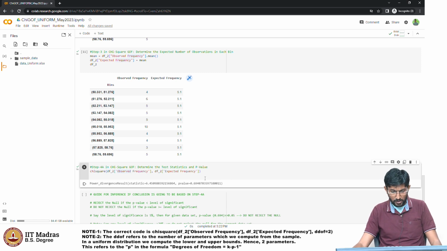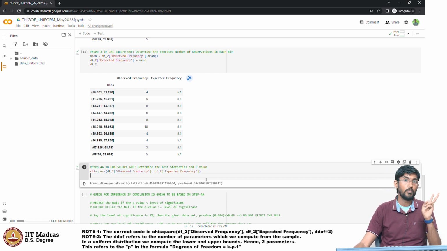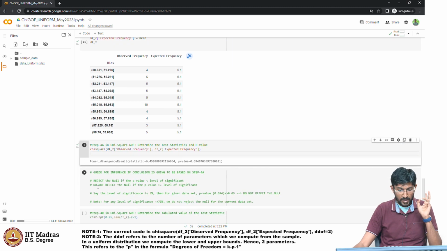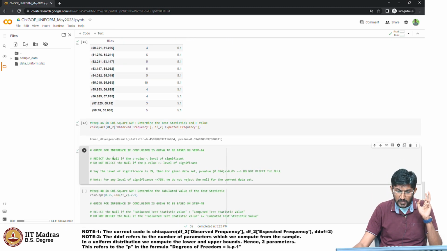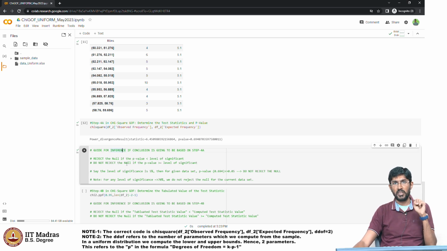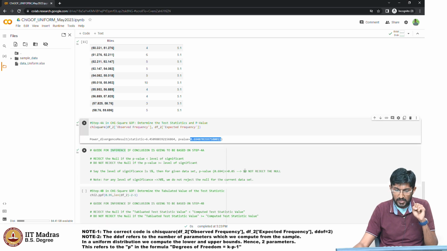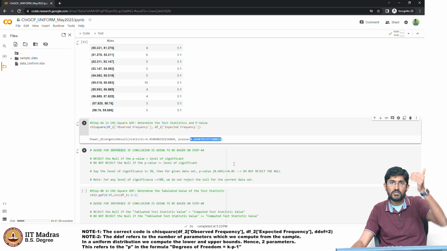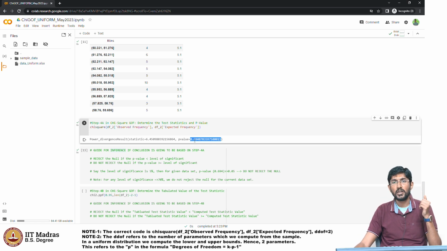Now that I've got these two, I can use either of the two methods to make a conclusion. Let's say I use the first technique, which is based on the p-value. If I have to conclude based on the p-value, I compare this value of 0.694 with a level of significance alpha, and if 0.694 is less than alpha, I would reject the null hypothesis, which means the population does not follow a uniform distribution.